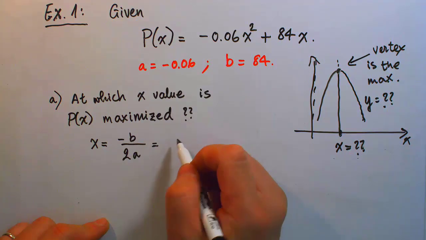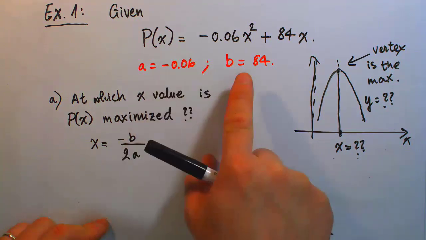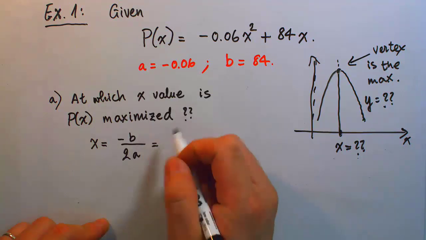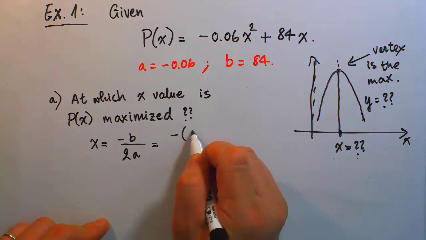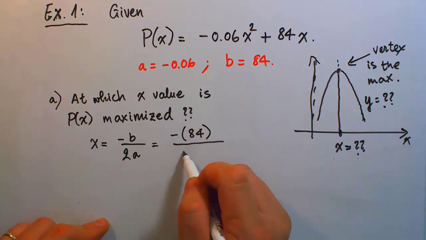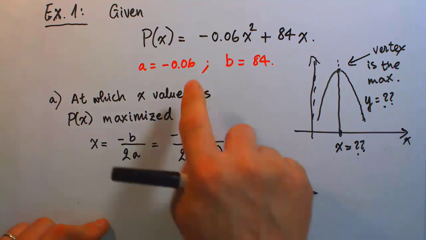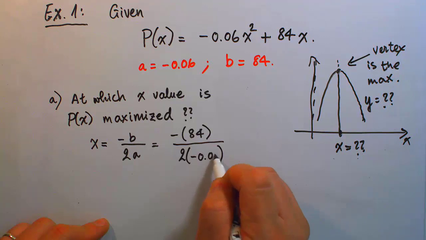And so substituting in the value of b and a that we have previously addressed, the formula is going to become minus 84, substituted in for b, divided by 2 times a, but a is now substituted by negative 0.06. So negative 0.06.